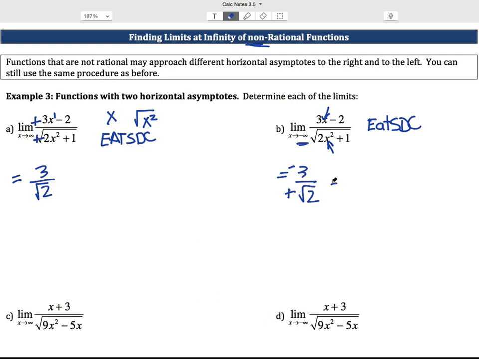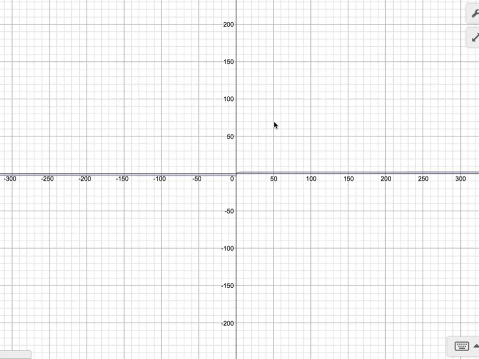And so all in all here, we're going to get negative 3 over the square root of 2. So just be careful with those negatives. And if you check our graph, you can see here going to negative infinity does give us a negative value, and going to positive infinity is going to give us the positive value.